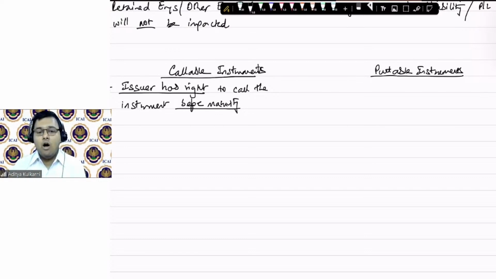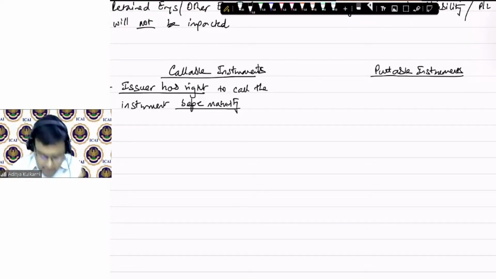So when the callback happens, the holder has to give the instrument back to the issuer. He will be compensated for it. Whatever the redemption amount is, he will get it. So that is not going to be a problem.